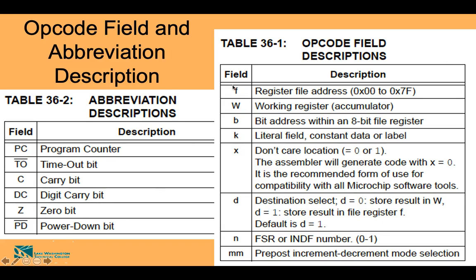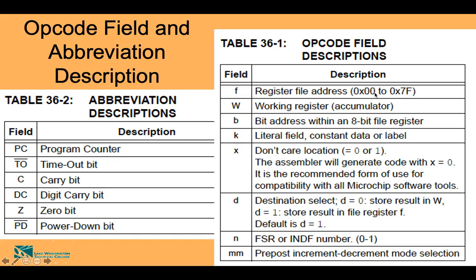These opcode fields we will be using many times in our instruction sets for our programs, and we need to know what all of these stand for. F is a register file address. Whenever you see F, it means register file address, and you can see it ranges from 00 to 7F.